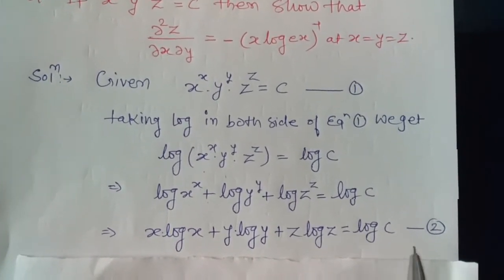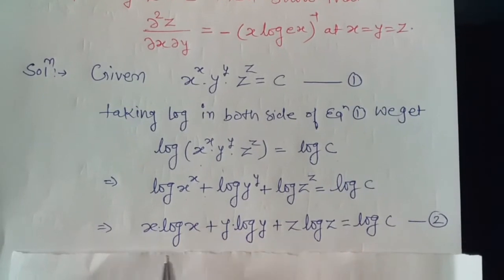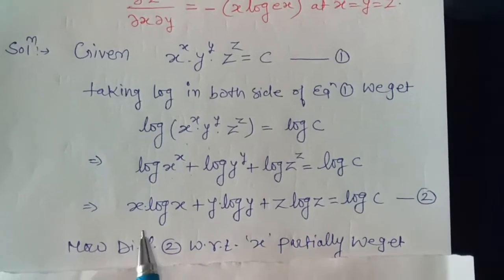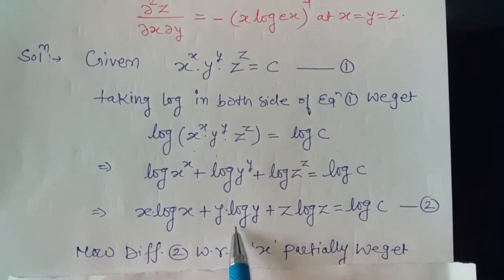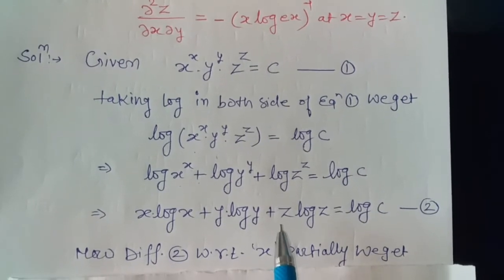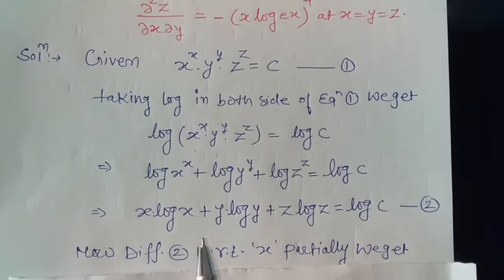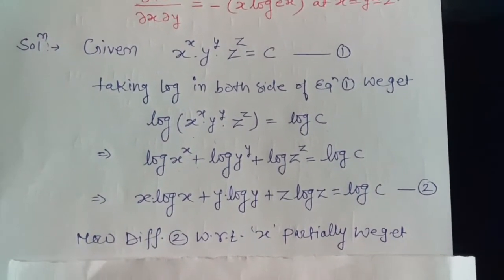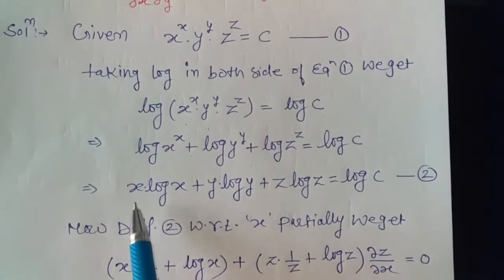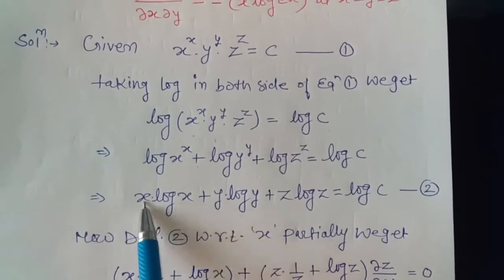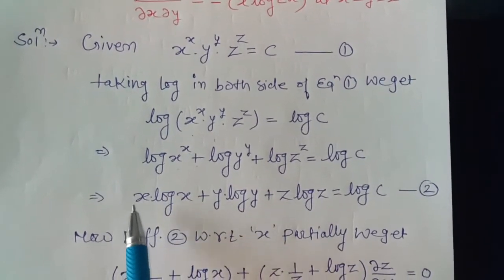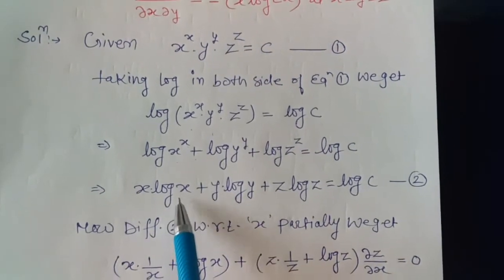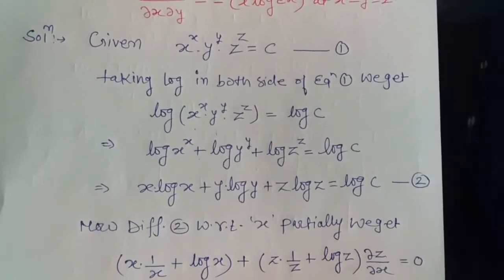Now we differentiate equation second partially with respect to x. Here x and y are independent variables and z is the dependent variable. We differentiate x log x using the u·v formula: differential of u multiplied by v plus differential of v multiplied by u.